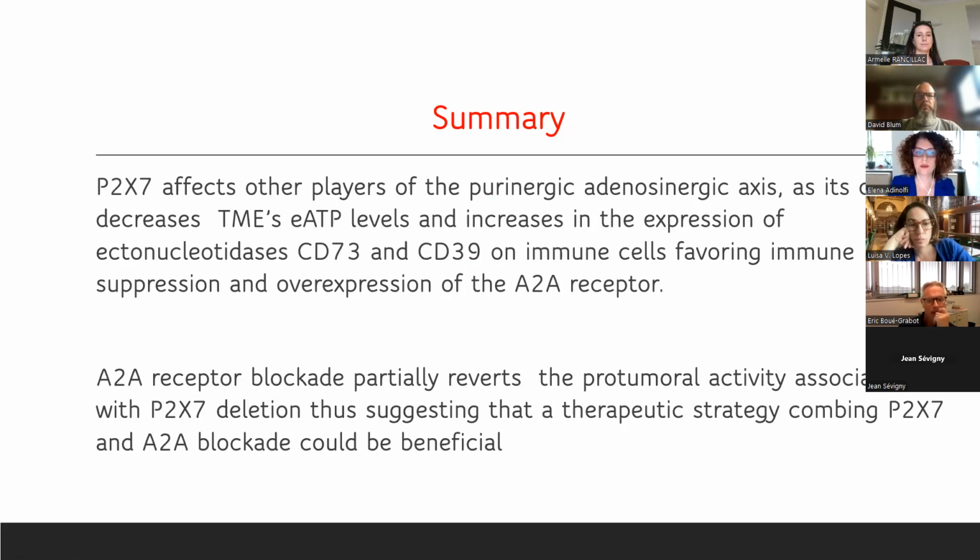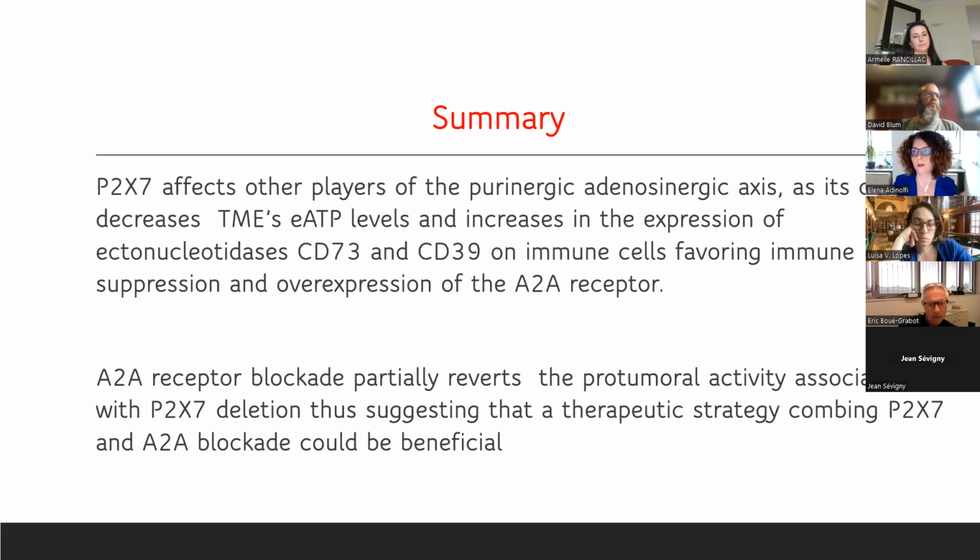The P2X7 receptor can also affect other players of the purinergic adenosinergic axis, as it can decrease the levels of extracellular ATP in the tumor microenvironment, and its loss can increase the levels of the ectonucleotidases CD73 and CD39, and also the expression of the A2A receptor.